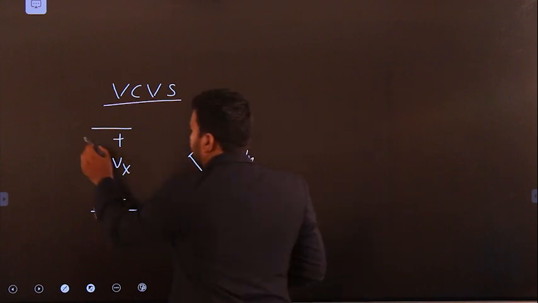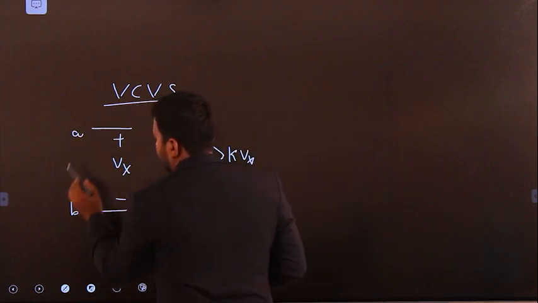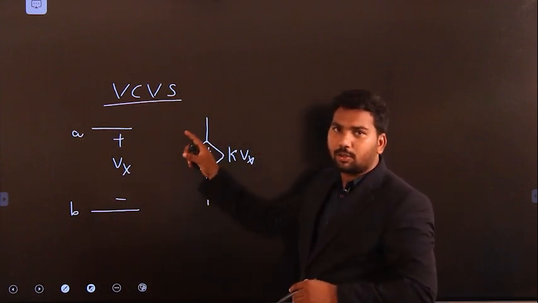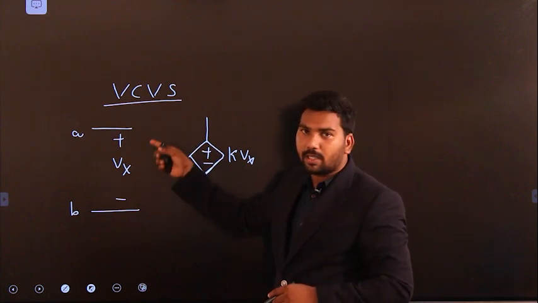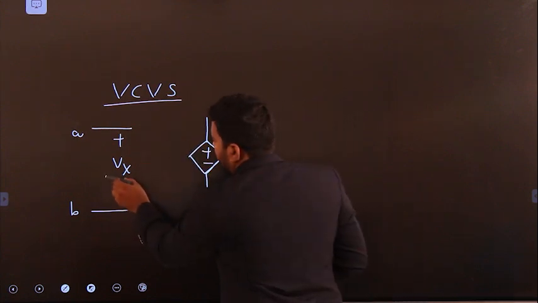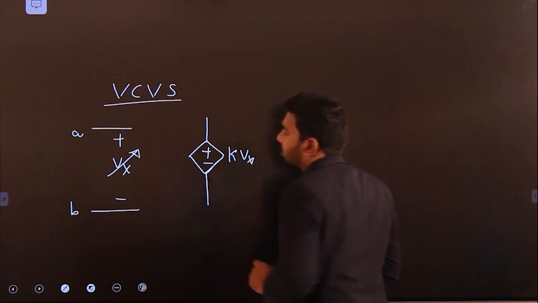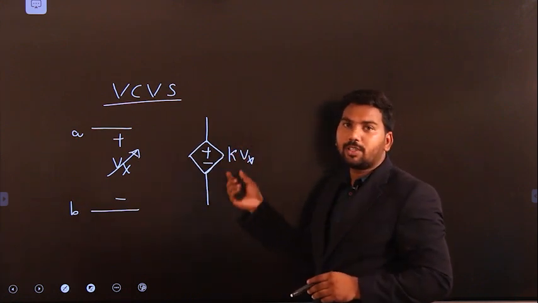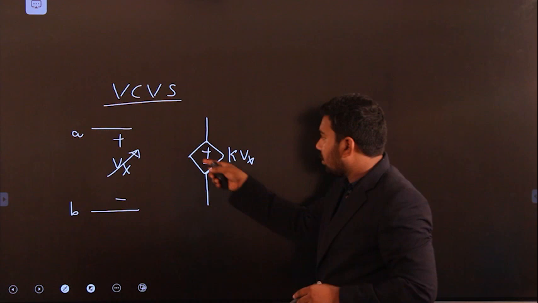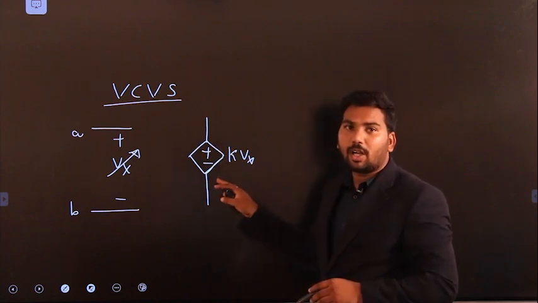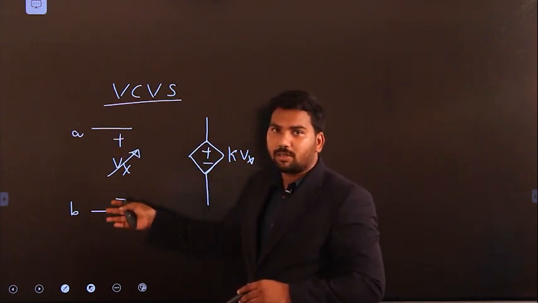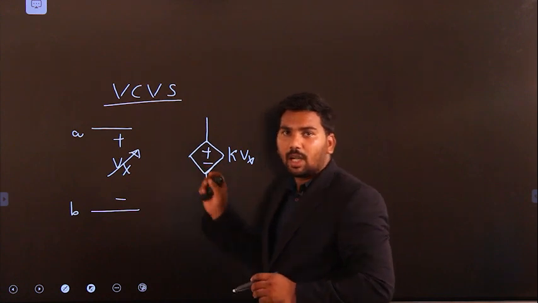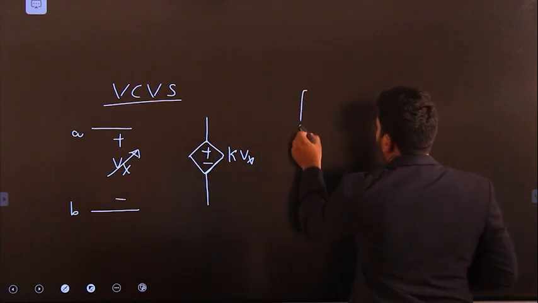Let me mark some points A and B. A and B are 2 points where voltage is Vx. If I change this voltage, this source value will change. That means value of this source depends on some other voltage. Okay, understand? I will give an example now.